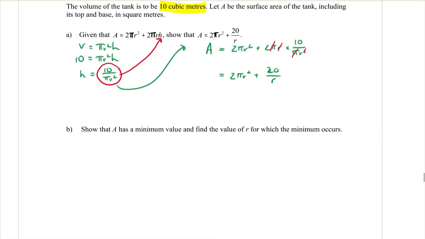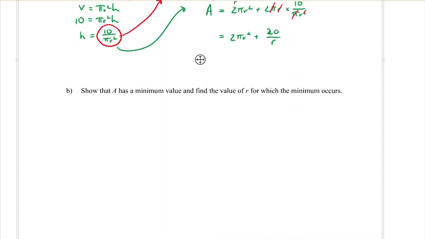Part B, show that A has a minimum value and find the value of r for which the minimum occurs. Okay, minimum value, differentiate. So first of all, let's change our equation for A to get that r off the bottom. So that will be 2 pi r squared plus 20 r to the negative 1.